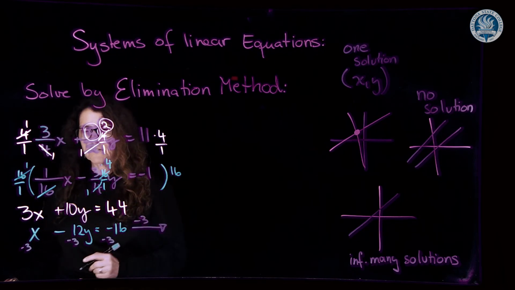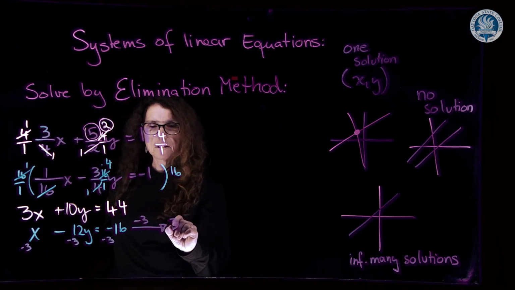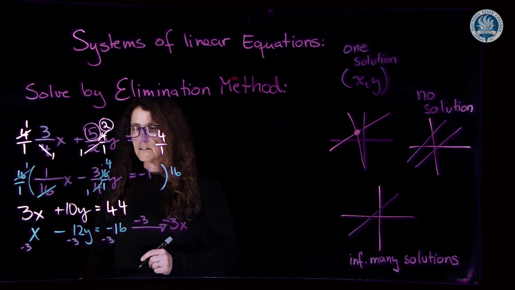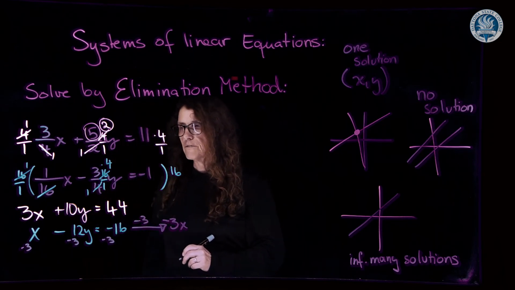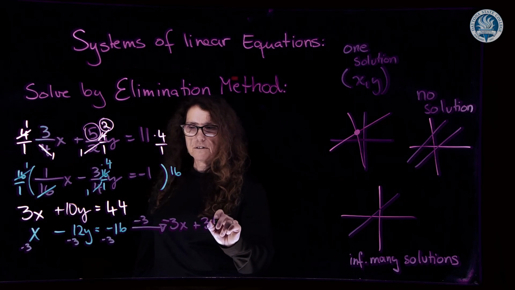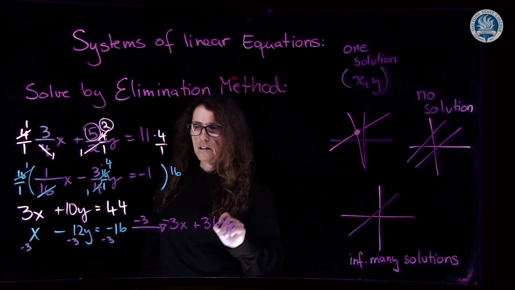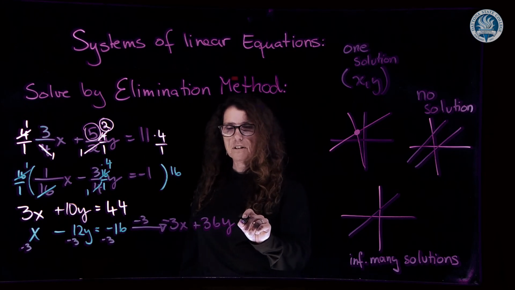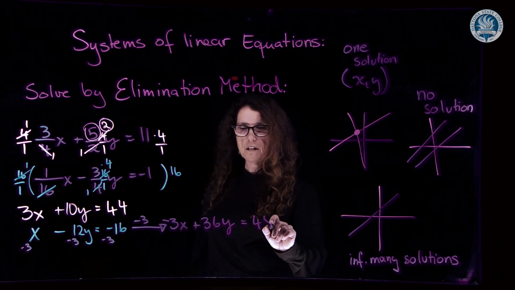Negative 3. So negative 3 times x is negative 3x. Negative 12 times negative 3 is positive 36y. And negative 16 times negative 3 is a positive 48.